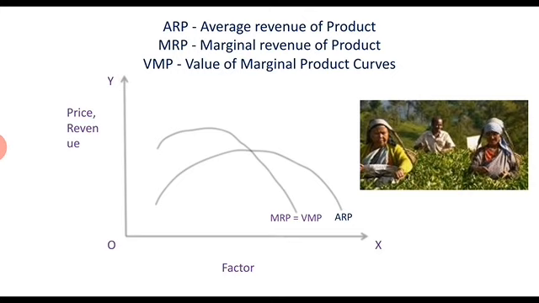The organizer or producer is in equilibrium where ARP and MRP are equal. Up to that stage, the organizer employs the factors. After that, he should not employ the factors. Here, factors are employed at OM.